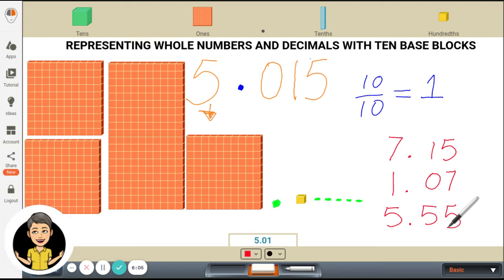Practice using your drawings. If you don't have any base 10 blocks around, you can draw. You can draw your whole numbers as squares.